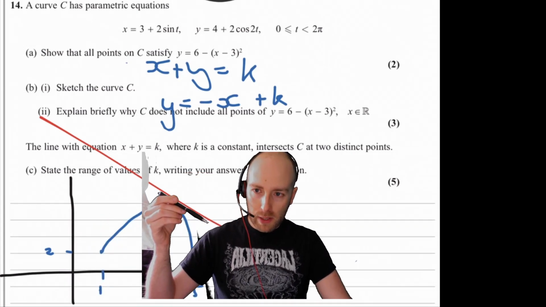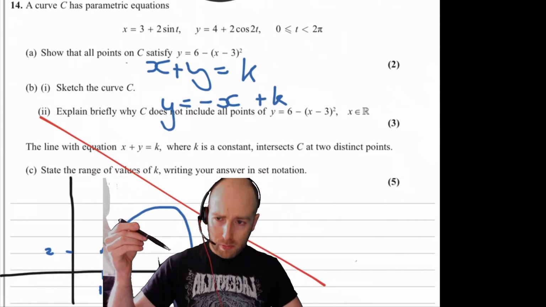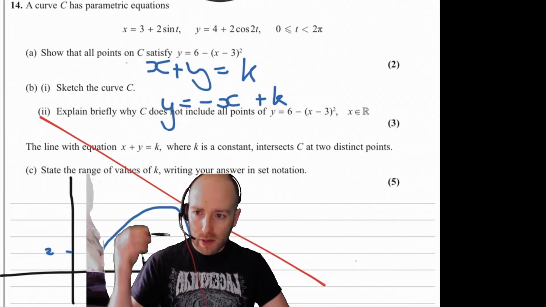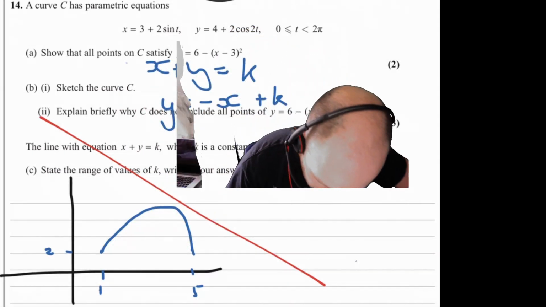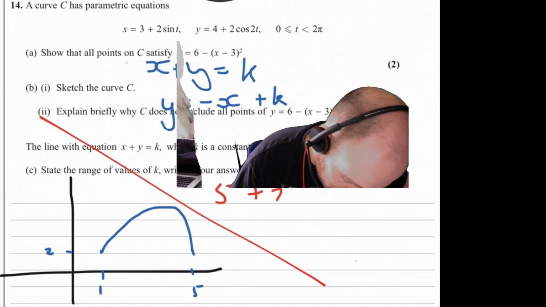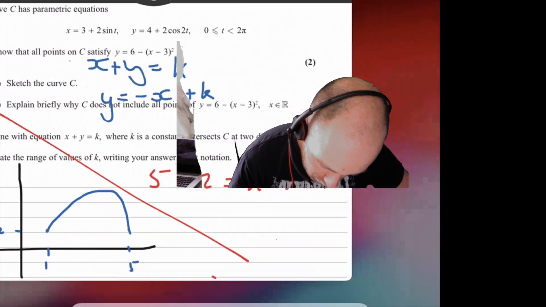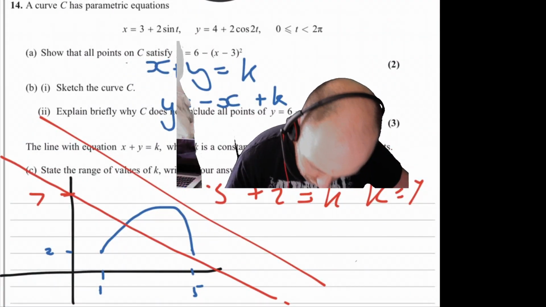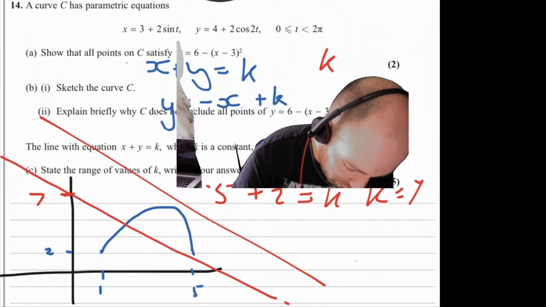We can find our lower value of k. Imagine this line going through this point here. So we're going to set 5, 2 into our equation and solve that for k. So if we put in x is 5, y is 2, 5 plus 2 equals k, equals 7. So k's got to be more than or equal to 7.